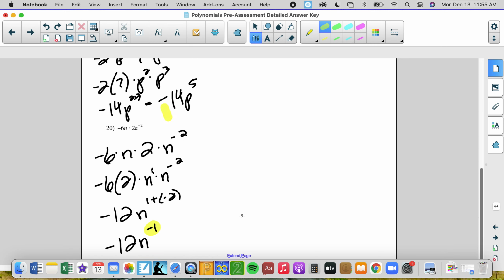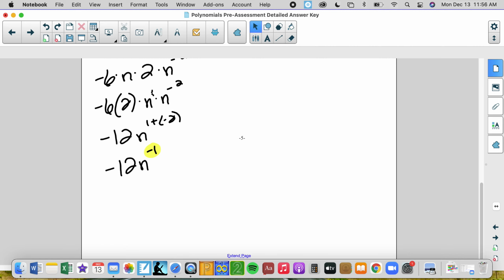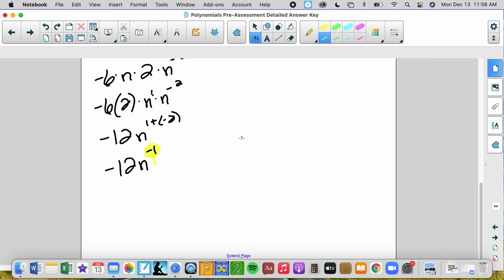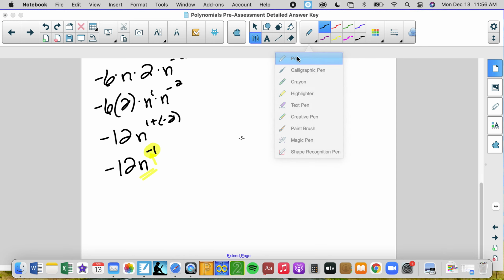This is a negative constant, that is okay. It is the exponent that I am concerned about. So this has a negative exponent. When I change that negative exponent to a positive, I'm going to change the location. It is currently in the numerator.